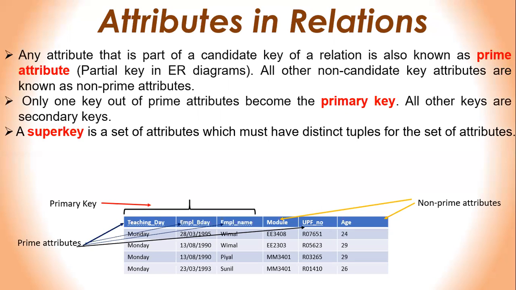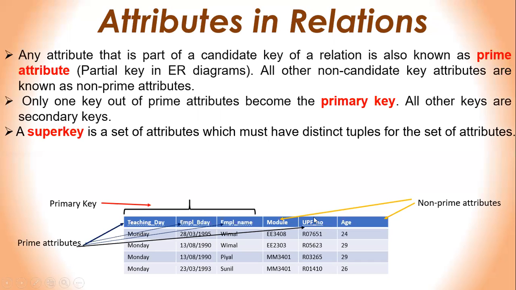So I told you that this is a key and this is a key. But isn't it that these three together and this and any other attribute will also have distinct tuples?